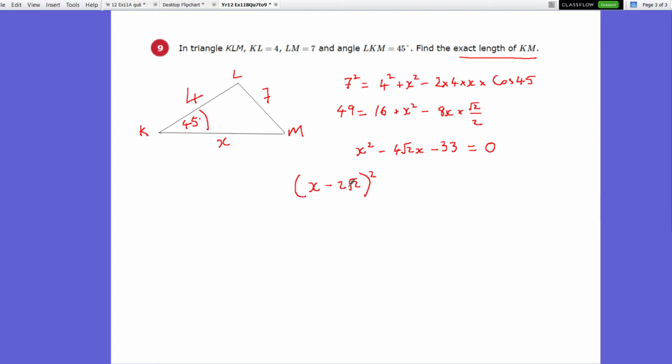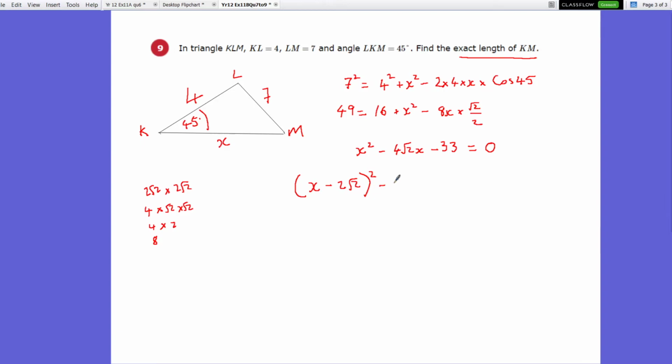Now we must take this squared term off, so let's just think about it. What is 2 root 2 times 2 root 2? 2 times 2 is 4. Root 2 times root 2 is just going to give me 2. So it's 4 times 2, which is 8.